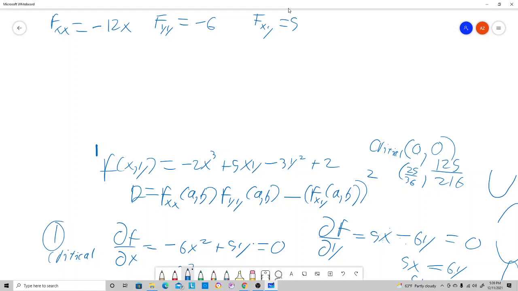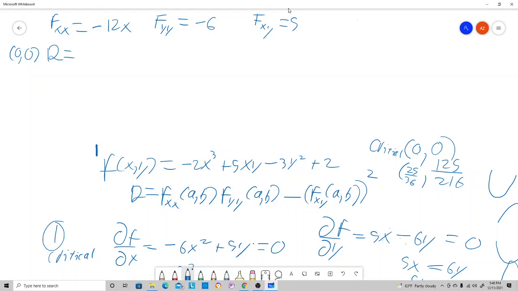So now we can apply this formula for the individual critical points. Let's first apply it for the (0, 0) critical point. If we plug 0 in here, our determinant will have fxx, which is going to be 0 times 0, because we're going to plug a 0 here.